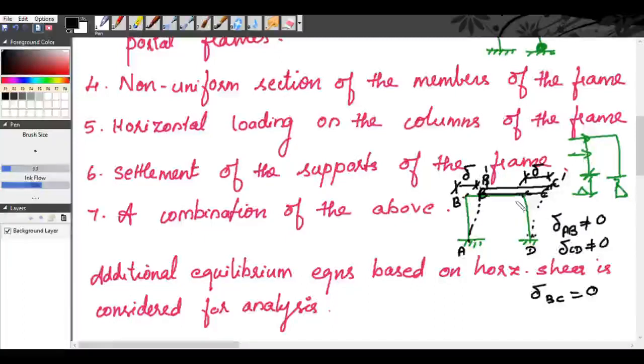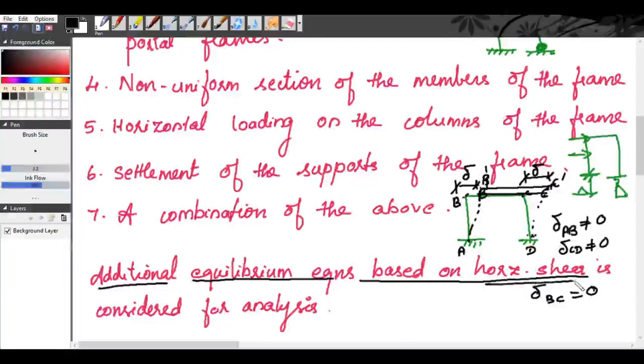So, for such a case, that is for the portal frames with a side sway, in addition to our slope deflection equations and joint equilibrium equations, you need additional equilibrium equations based on horizontal shear.